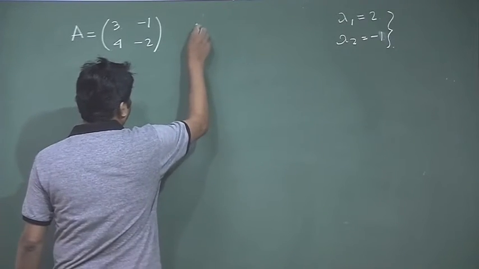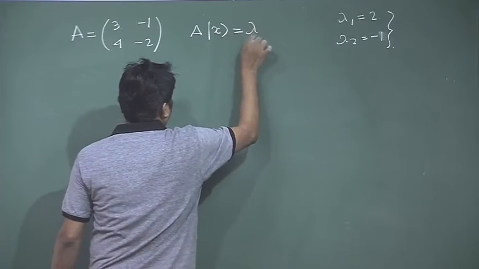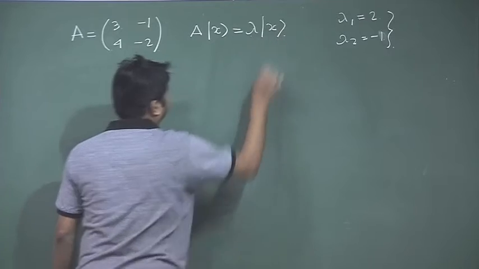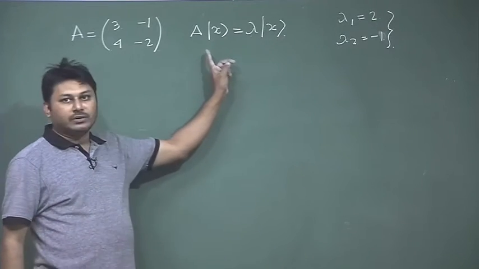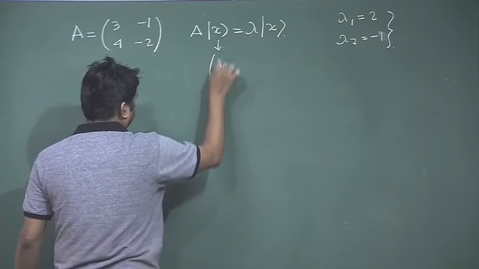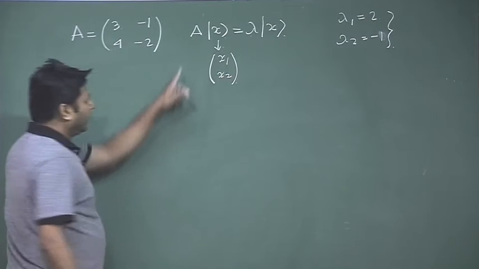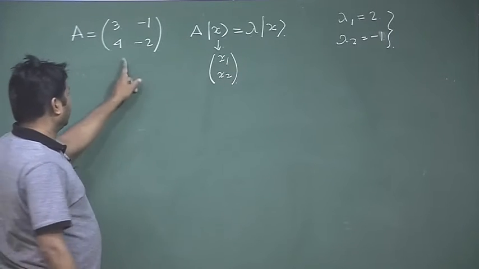So if you remember, my equation was something like this, the eigenvalue equation. For a 2 by 2 matrix, x1 x2 is what I need to find out. A is this value.